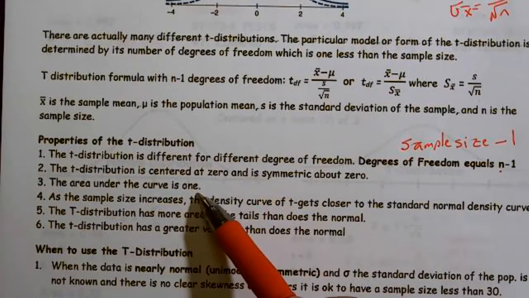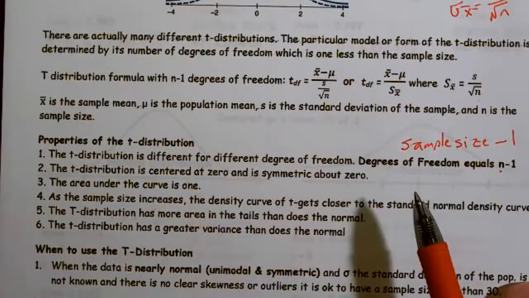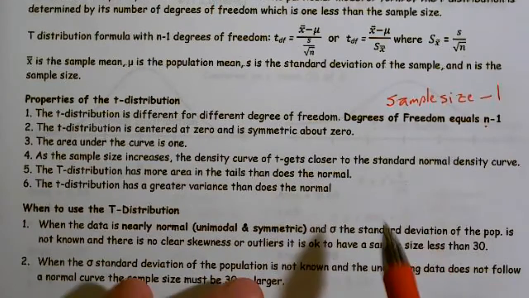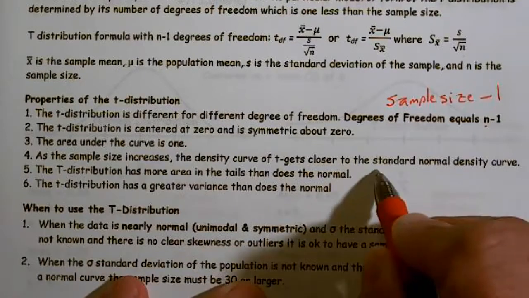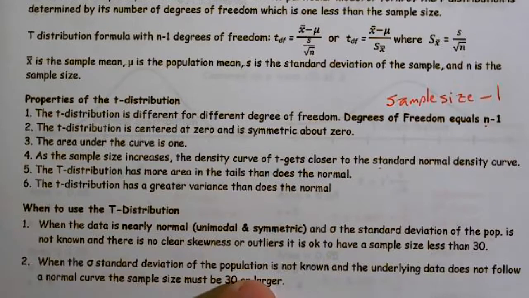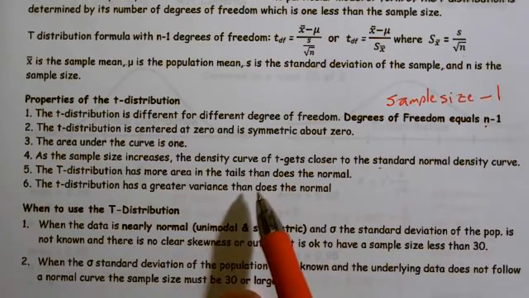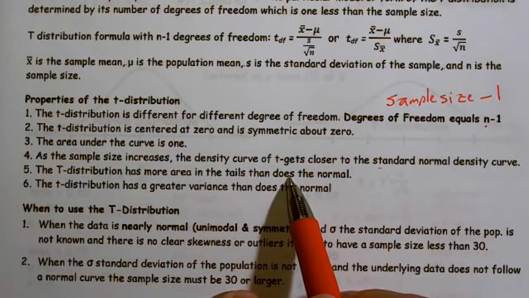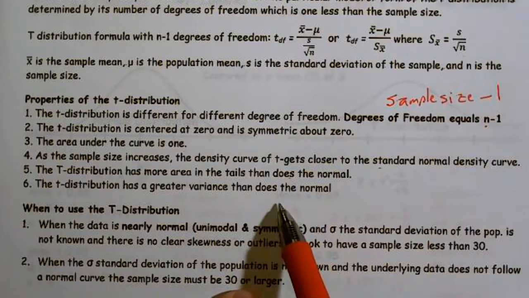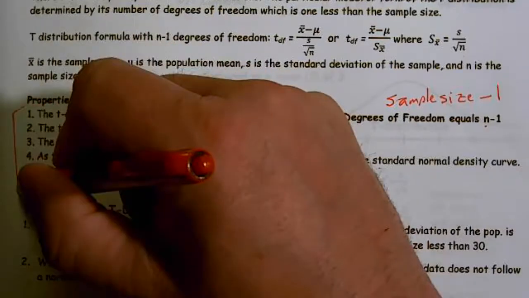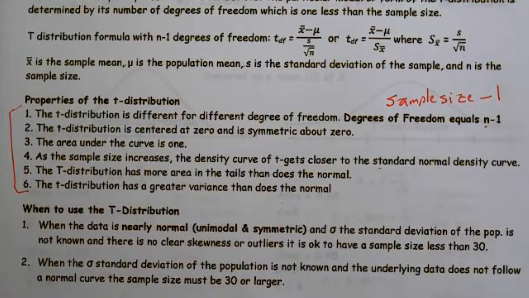The area under the curve is 1, just like the normal. As the sample size increases, it gets closer and closer to the standard normal, or closer and closer to following the empirical rule. It never does, but it gets closer as we increase our sample size. The t-distribution has more area in the tails than the normal, and a greater variance than the normal. I would make sure that I knew all of that information.